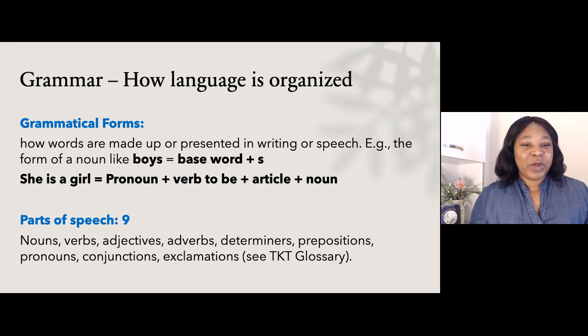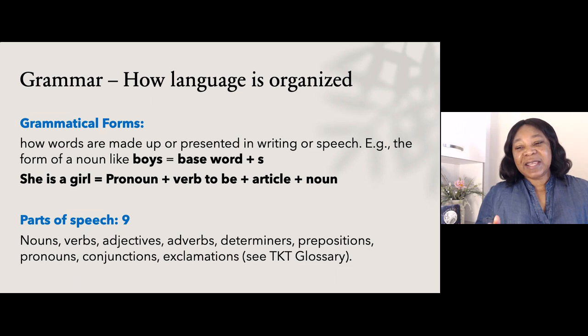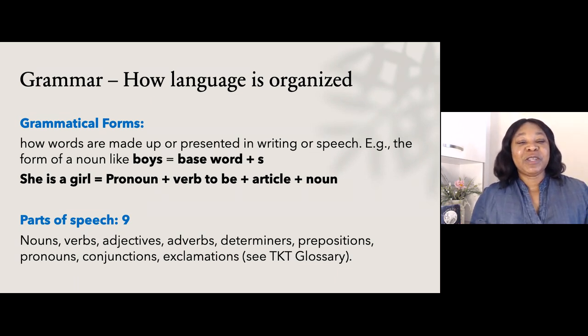Now, with a grammar focus, grammar is basically telling us how language is organized. It speaks about structure. Okay? So in grammar, we have the expression grammatical form. So for example, to know the form of a word, you might want to identify the base word and then see if there's any other thing connected to that word that gives us more information about that word.